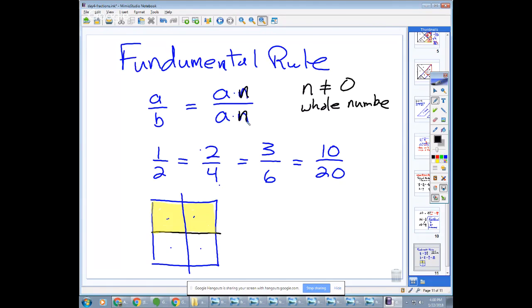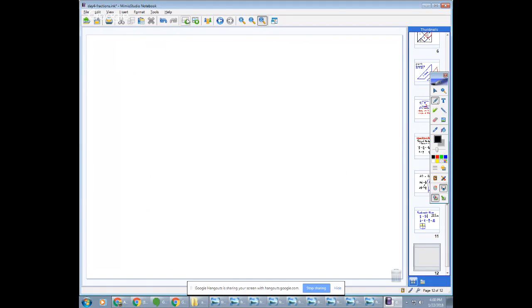So we can tweak this rule a little bit. I'll do it with division. A over b is equal to a divided by n over b divided by n. I'll draw a picture of that.